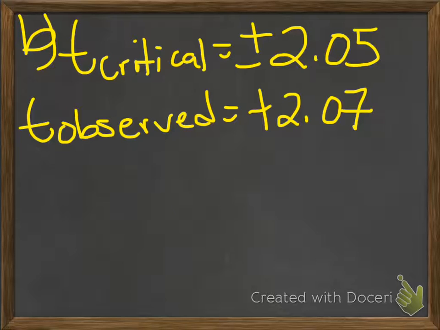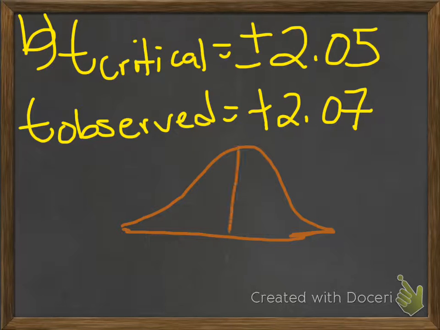So you need to look at the distribution to see if your t-observed is in the critical region or not. So I'm gonna draw my critical region. I mean the normal distribution, with the mean, which is 0. So this is my negative 2.05.